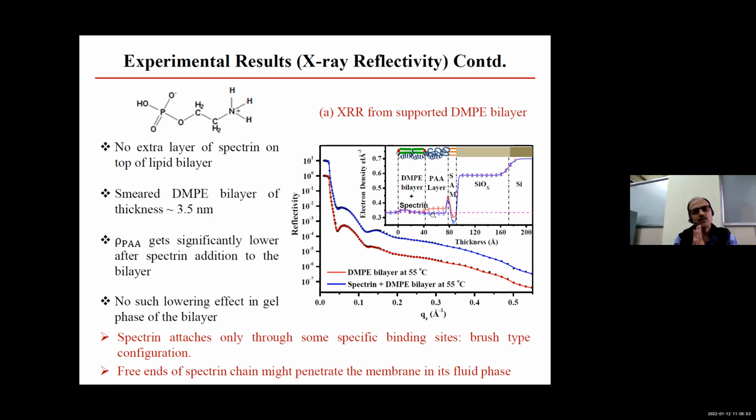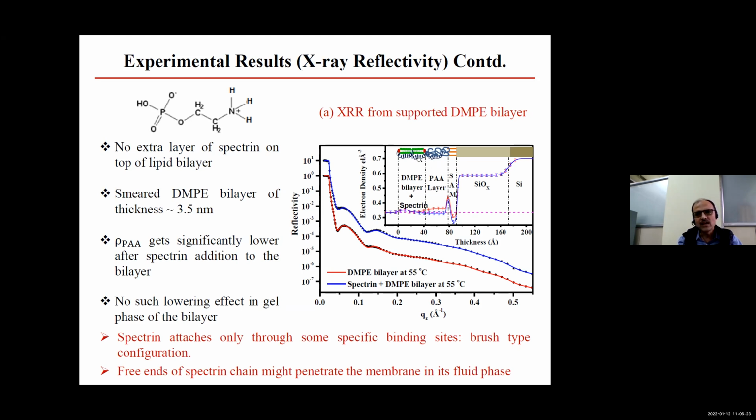One thing we have to remember is that we are under water. So these proteins have an electron density very close to the electron density of water. So you will not see it if it is not arranged in a separate layer like the PC molecule. That's why we don't see this kind of extra layer on top of this bilayer.